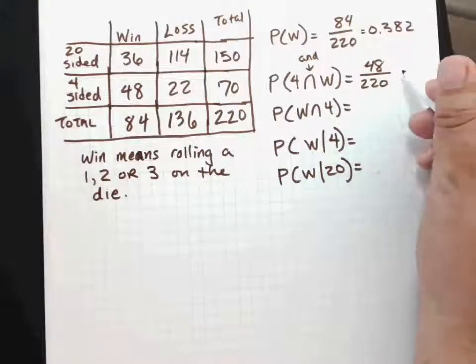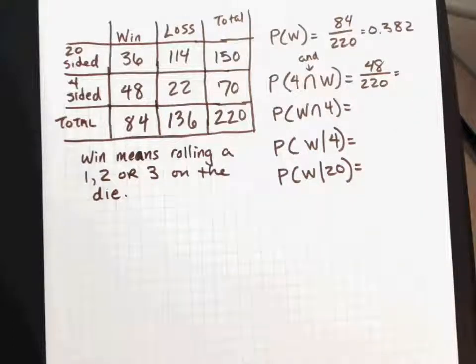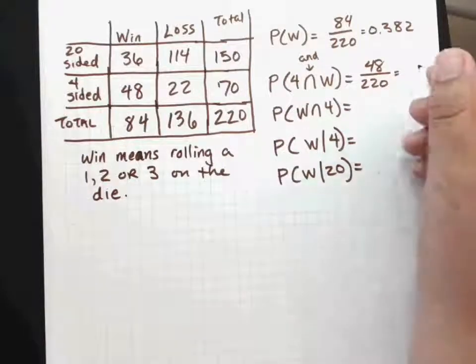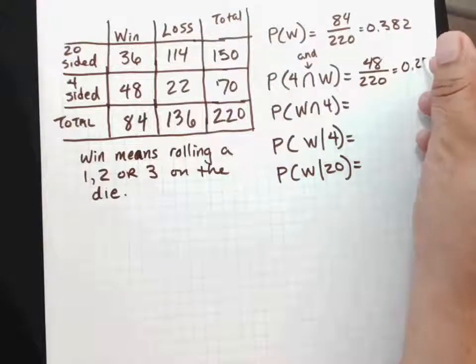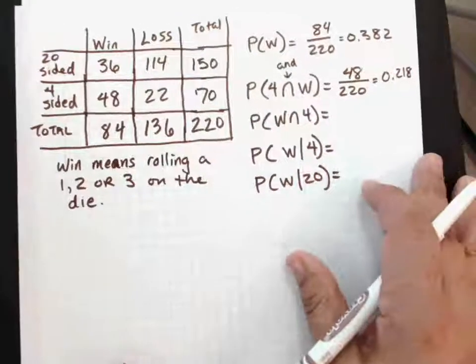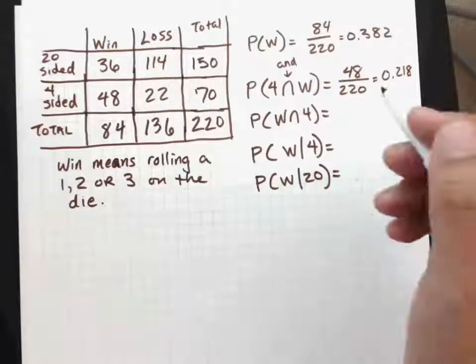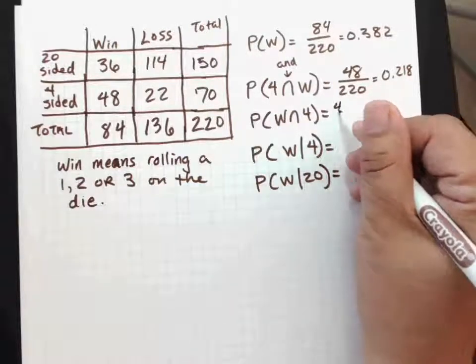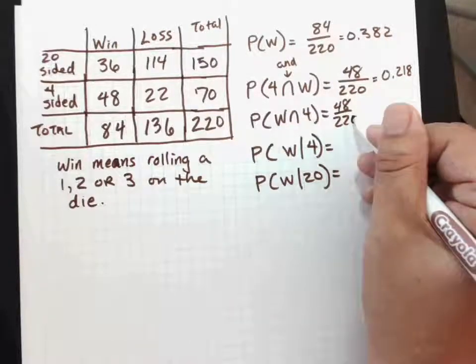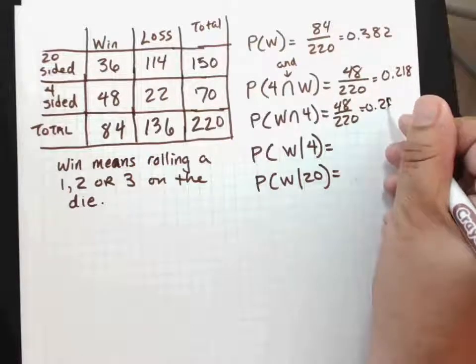And that works out to 48 divided by 220, 0.218. Okay, so that's the probability for a 4-sided die and winning. Winning and a 4-sided die is the same thing. Doesn't matter which way I do it, it's the same.